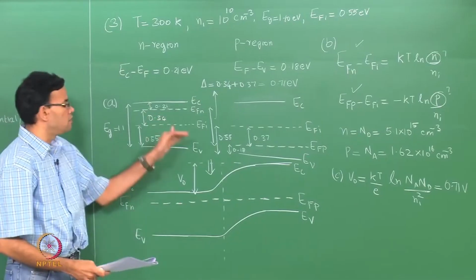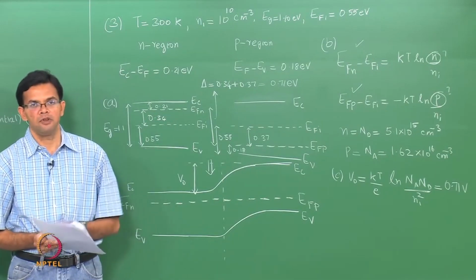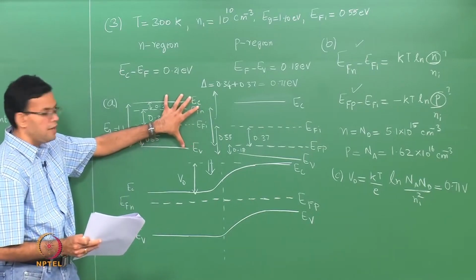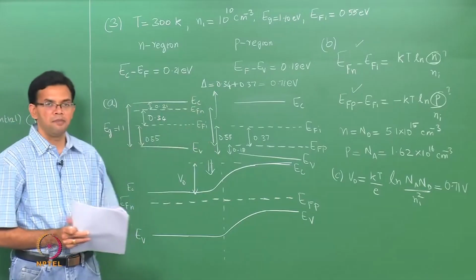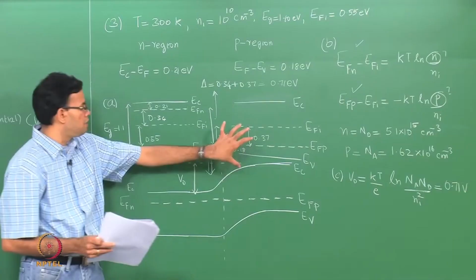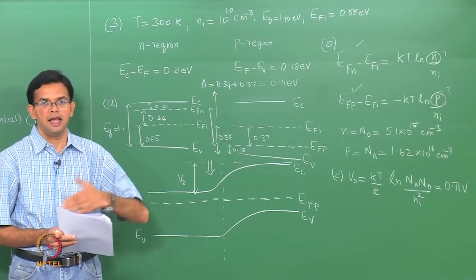So, when the junction is formed, we know that the Fermi levels have to line up. So, we can think of it as either the n side shifting completely by 0.71 or the p side shifting up by the same 0.71, so that they line up.